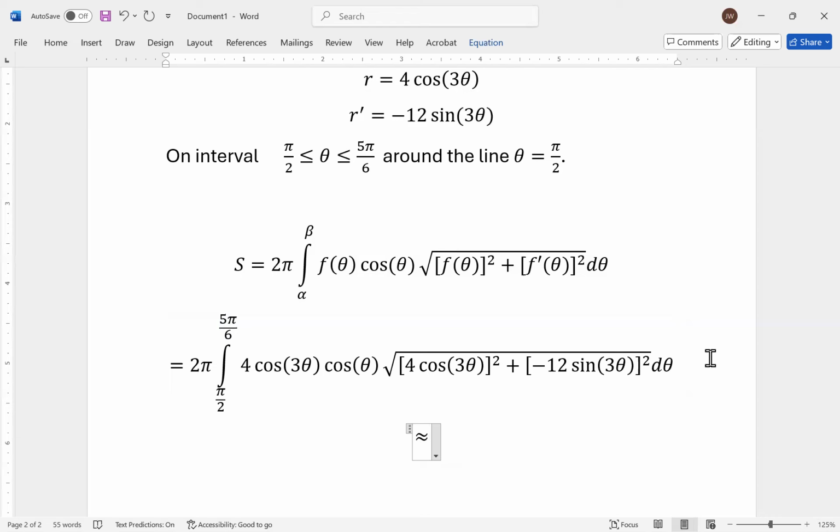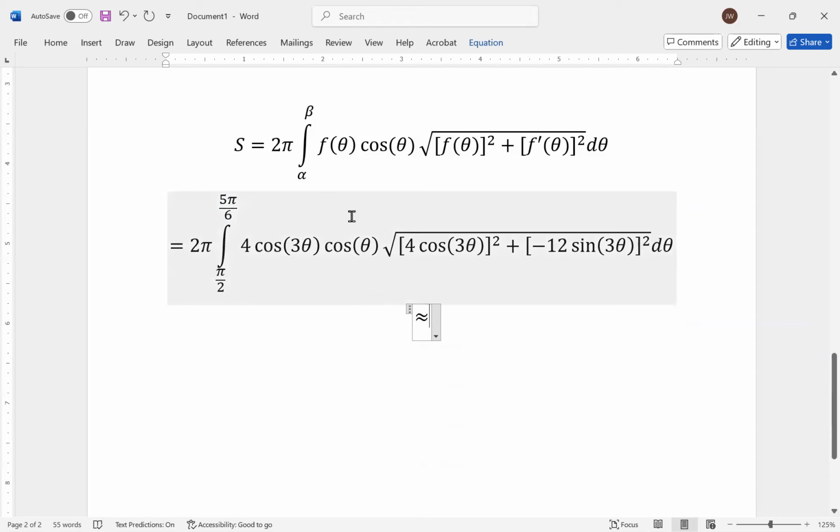Obviously, if you were tested on how to do this by hand, you'd have to use some trig identities and some simplification processes, but it's okay. It's not crazy, but it's not very fun either. So I'm just going to take this whole thing and type it into my calculator and get an approximate answer.